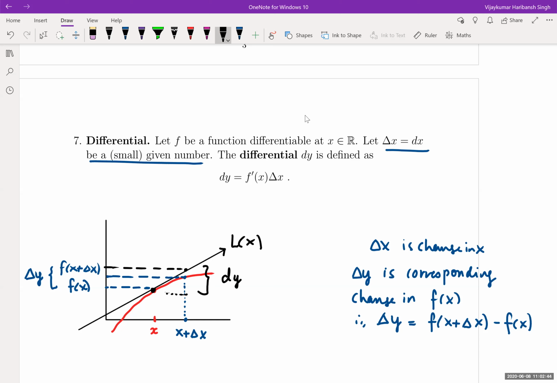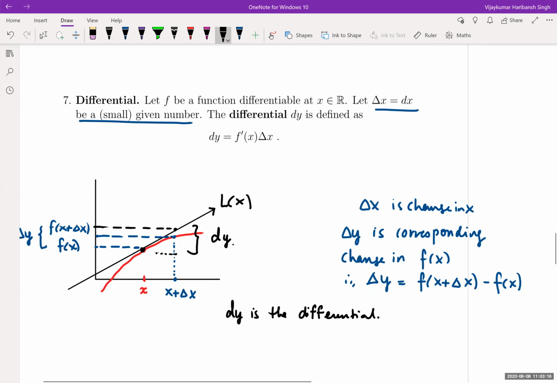This is what is called dy, the differential. So you will say, what are we trying to do? We are trying to find out delta y, but we approximate it by, instead of looking at change in the function, looking at how much your y value changes on the tangent line. And that is what is called the differential.